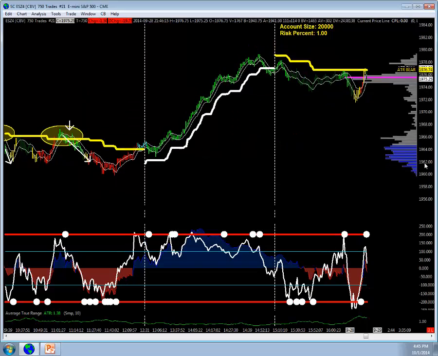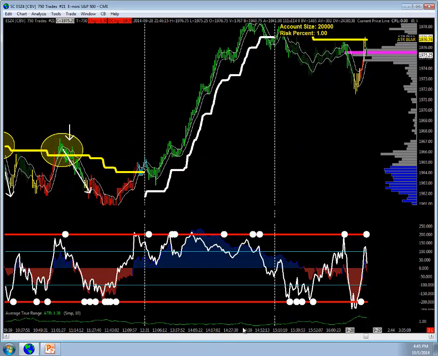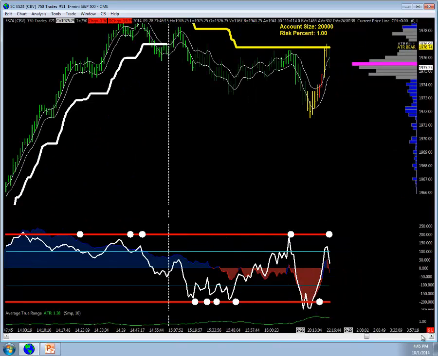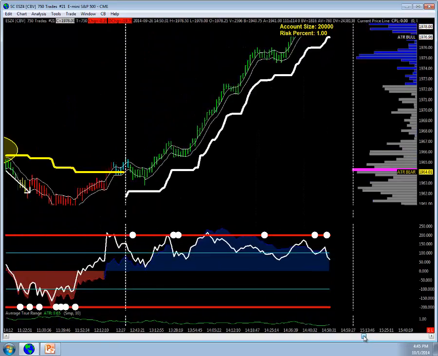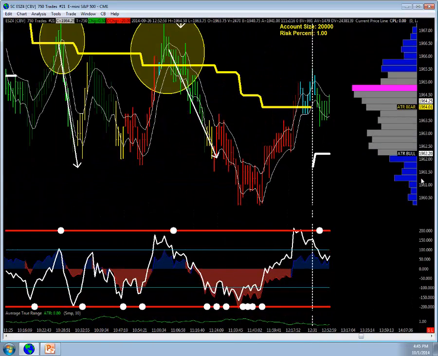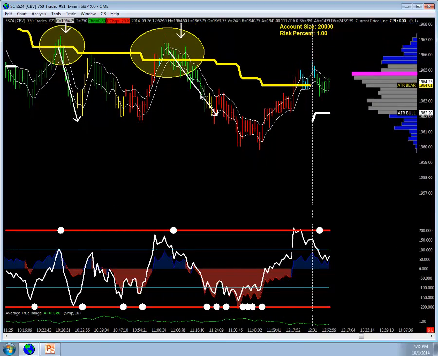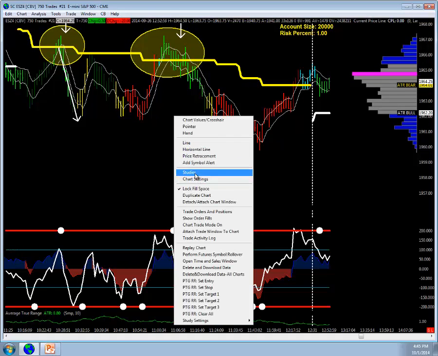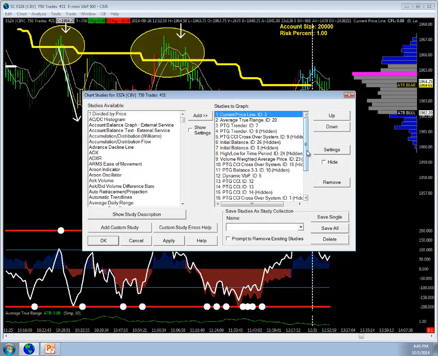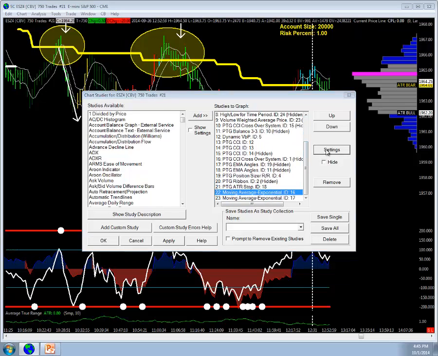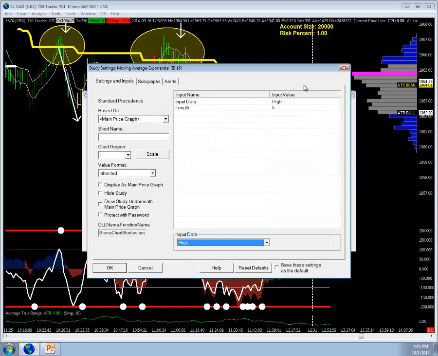But the idea here simply is, let me zoom in a little bit further on some of these, I've taken a 5-bar or 8-bar average. Let me see which ones I use on this one. Okay, this is a 5-bar high.